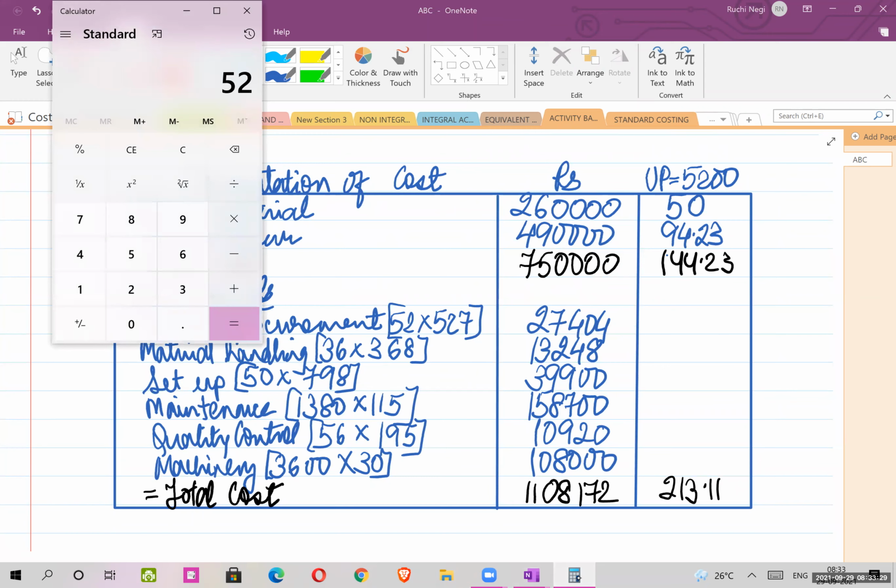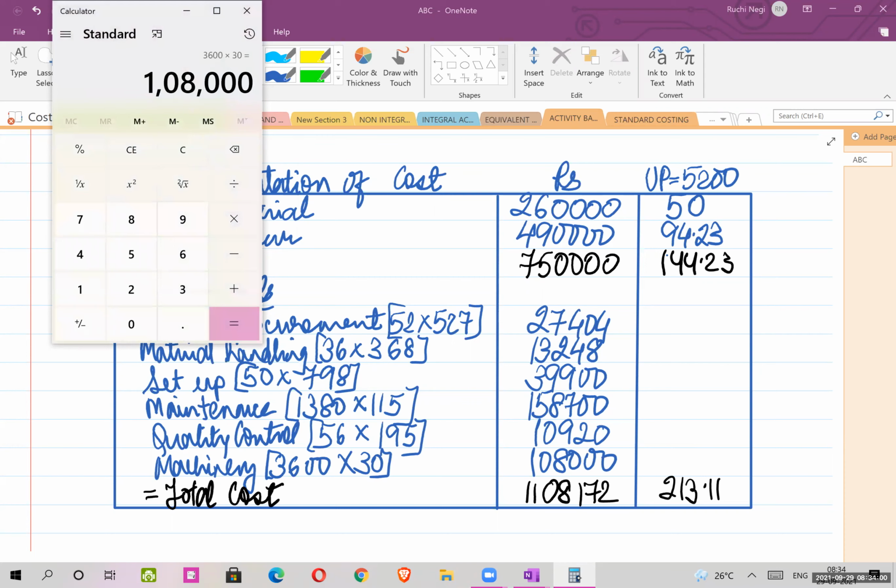So 52 into 527. Next 36 into 368. Next 50 into 798. Then 1380 into 115. Next 56 into 195. Then 3600 into 30.